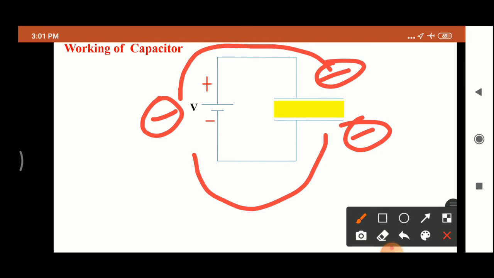Because of the dielectric material between the two plates, they cannot cross this region, so they are stored at the bottom plate.